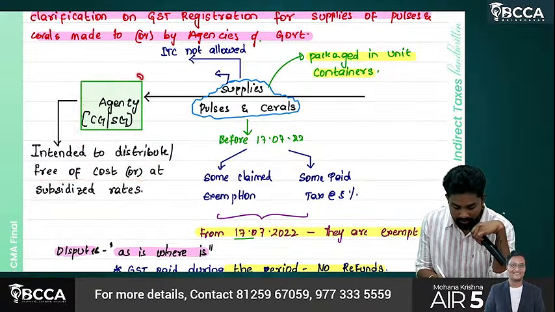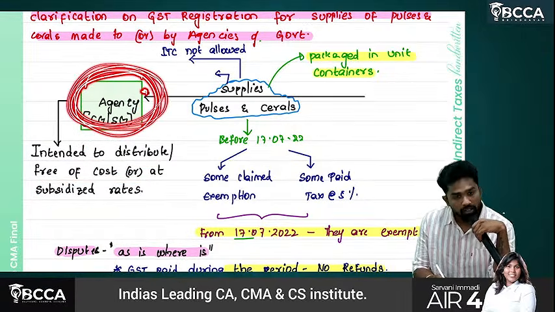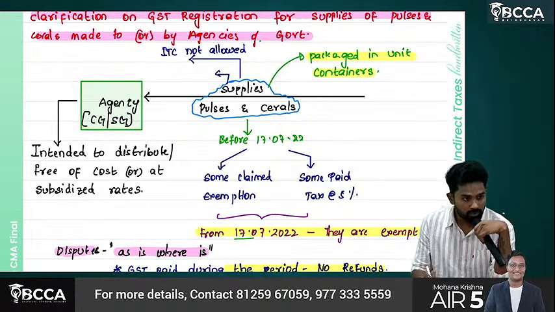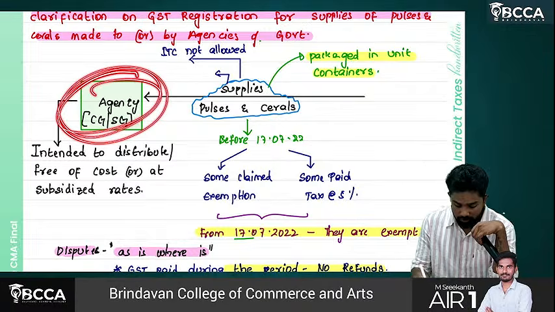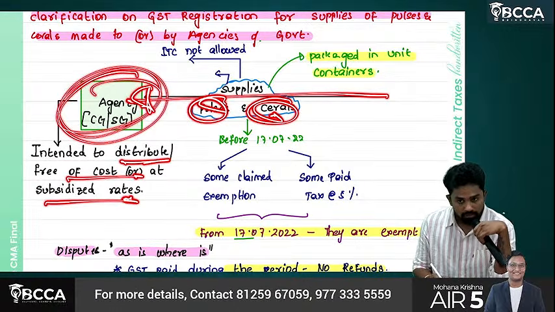Like the PDS, public distribution system, where they provide rice, wheat, sugar and all these at ration shops. These ration shops are buying pulses and cereals for what? To distribute free of cost or at subsidized rates.